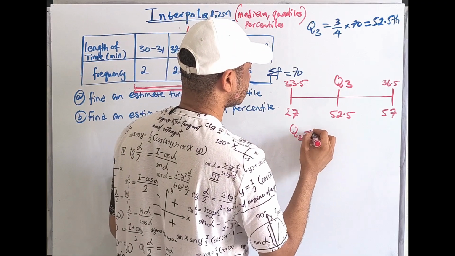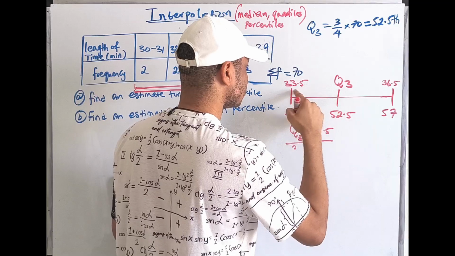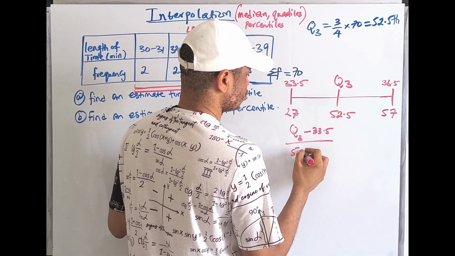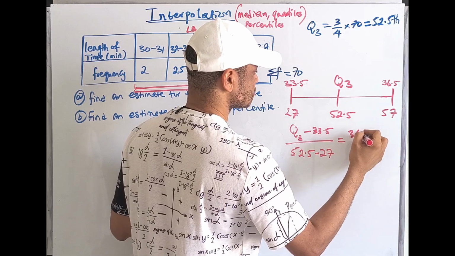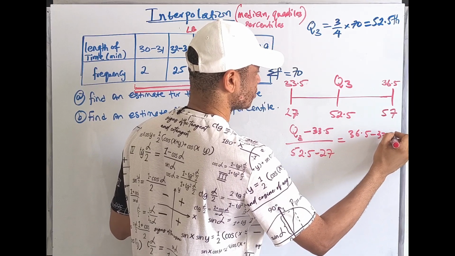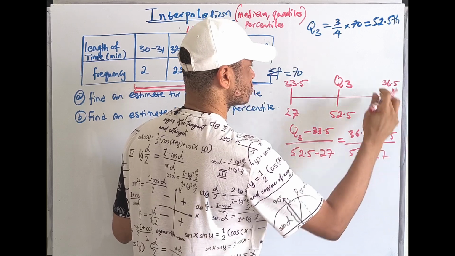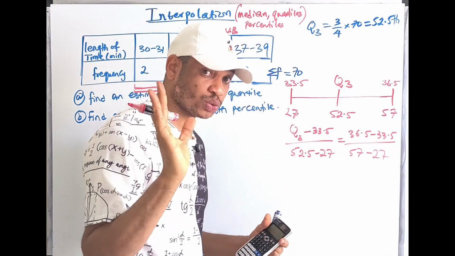So what will I do now? Q3 minus 33.5 over 52.5 minus 27 is equal to 36.5 minus 33.5 over 57 minus 27. So this minus this, over this minus this. I'm just going to use the calculator.